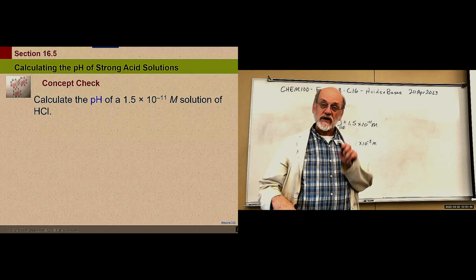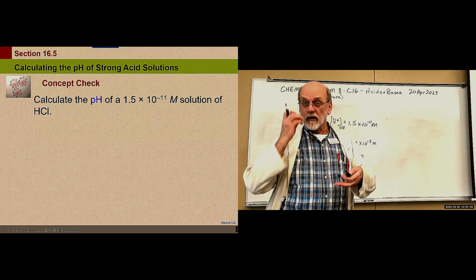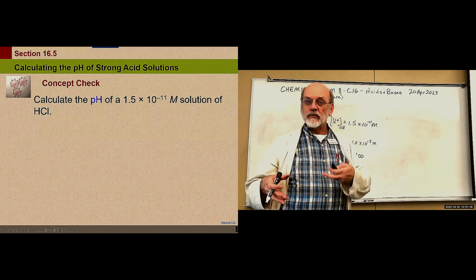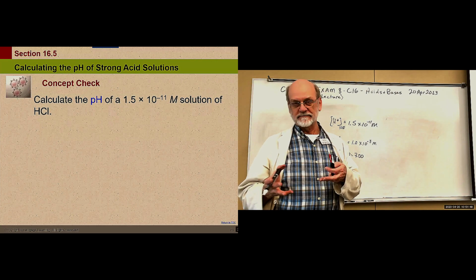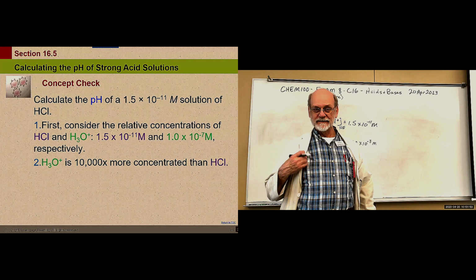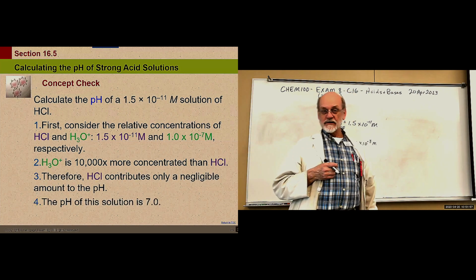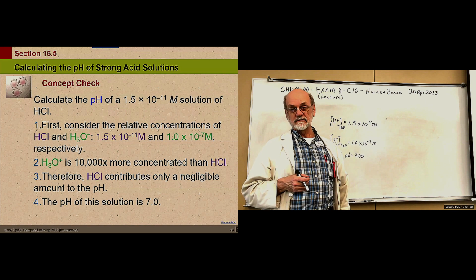Okay, that's why you have to consider the factors around the amphoteric nature of water. So the pH would still be 7.